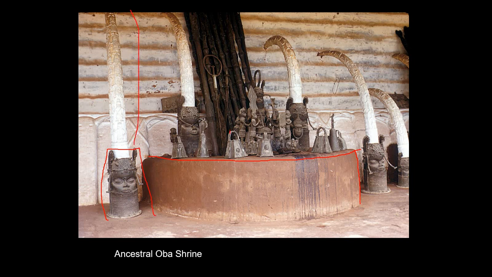But then you have a variety of other figures representing ancestors, the Oba, etc., ceremonial swords and staffs. And notice these bells. You've got all these bells here as well as all of these wooden staffs that are back here.